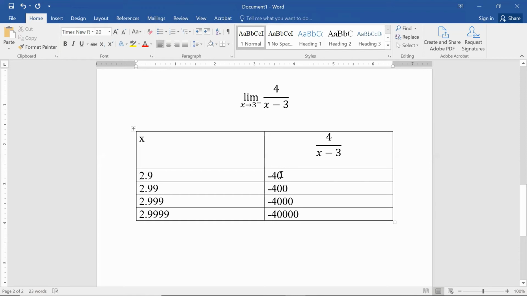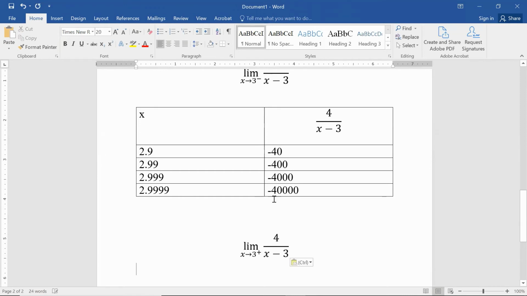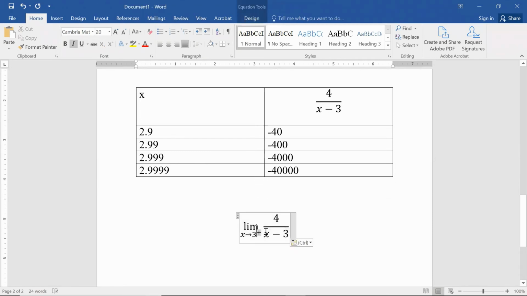What we say with this is that as we approach 3 from underneath, our limit is negative infinity. So negative infinity means that the values are getting bigger in terms of absolute value. They're always getting further away from 0, but in the negative direction.